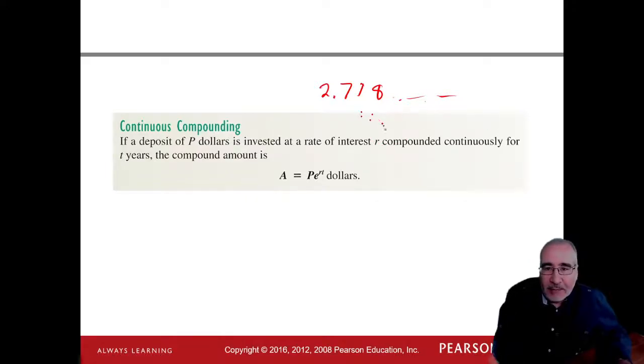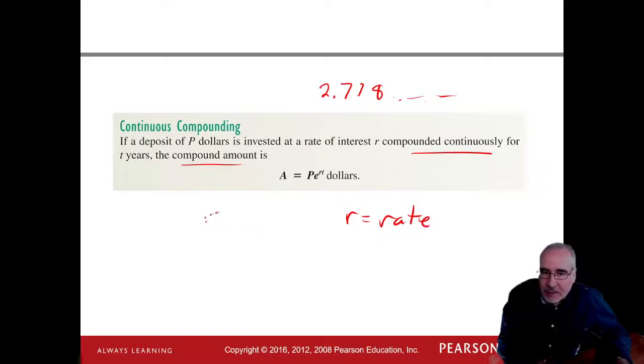But we use it. e is not a variable; it is actually a number, kind of close to 3, but not quite. Whenever we're compounding continuously, we use this formula, P e to the rt. In this case, the rate is r. r is our rate.